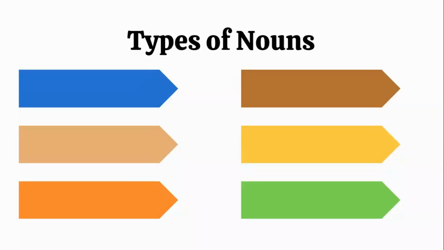Okay. So now you are going to know how many types of nouns there are. First, you have to know there are six types of noun. First one is proper noun. Second one is common noun.